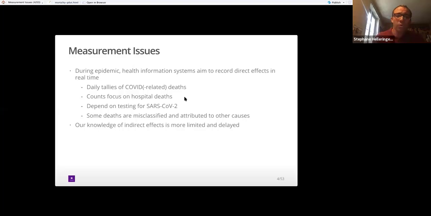Importantly also, our knowledge of the indirect effects of a pandemic or an epidemic usually takes more time to emerge and is usually more limited, at least as the pandemic is unfolding, due to the timetable of data availability, whereas systems spring into place to report on COVID and COVID-related cases and deaths. We do not have systems in place that report about all the other causes of death that are out there.